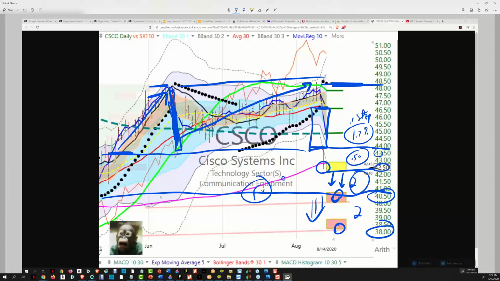And there's your 1, 2 scoops on the way down, and then you could see 1, 2, 3, 4 climbing back up the stack. So there's 4 to 1 to the upside, 2 to 1 to the downside, and a strong indicator of support here, and then a support here.